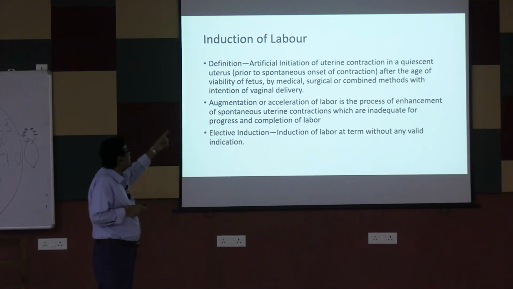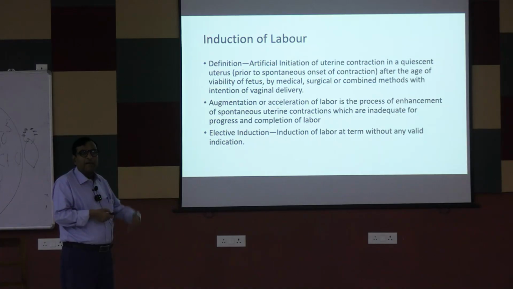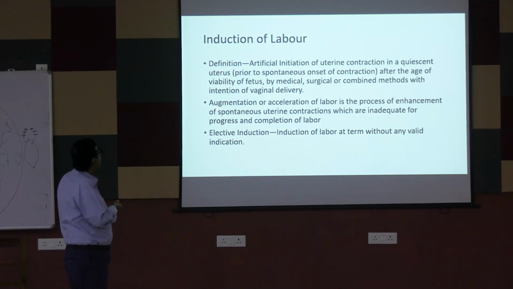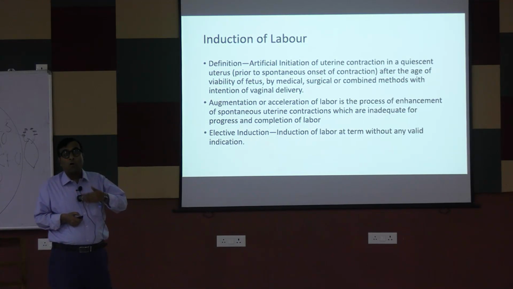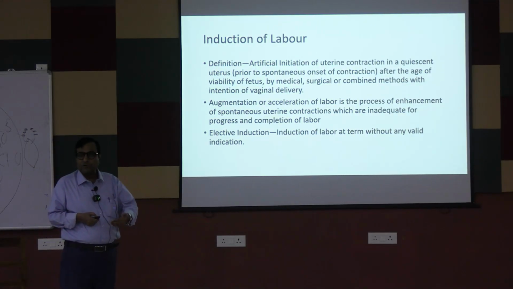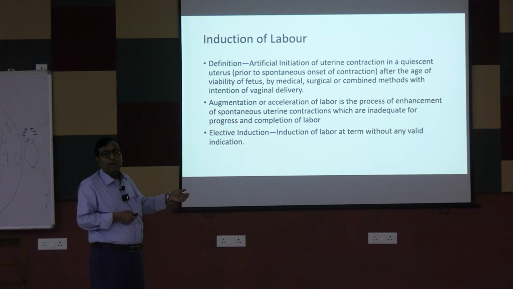So the difference between the two is, in induction the patient is not in labor, we are inducing labor, and in augmentation or acceleration, the patient is in labor but uterine contractions are inadequate. We are augmenting by accelerating the process. That is why it is called augmentation or acceleration of labor.